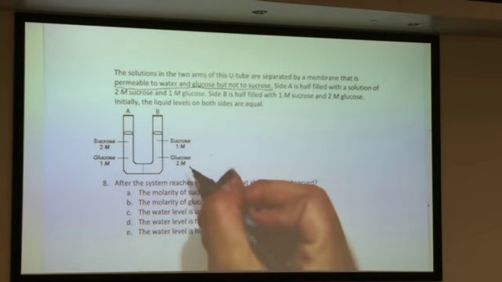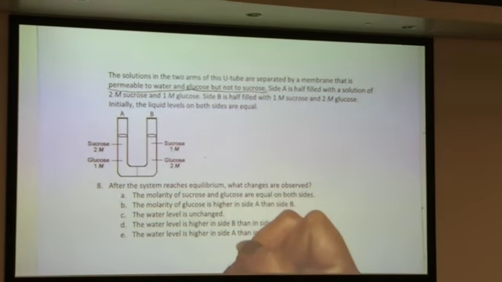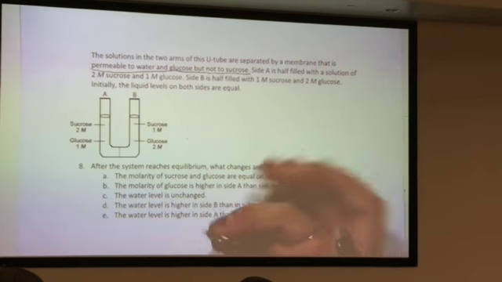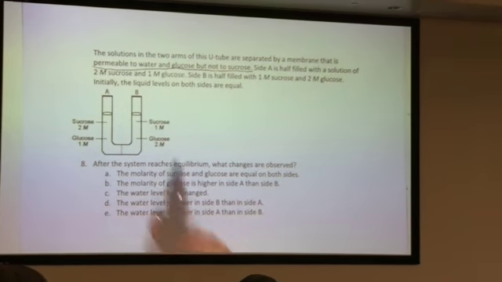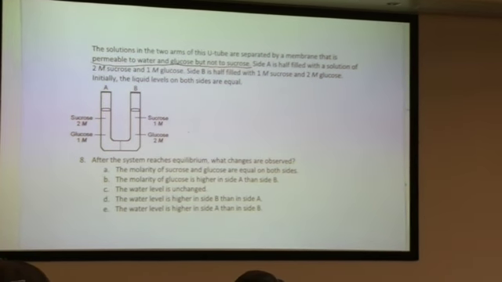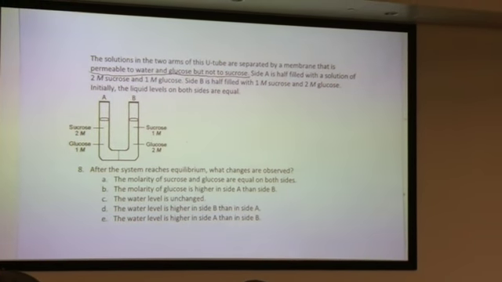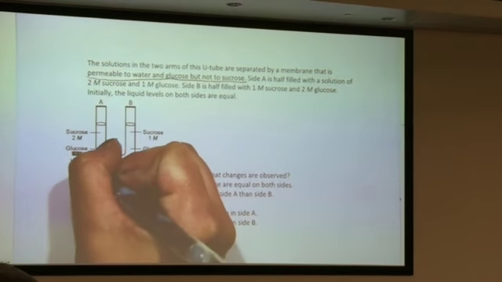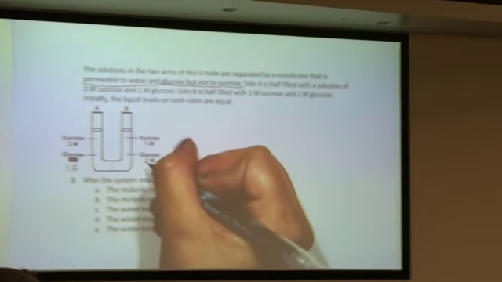At what point does it stop moving to the left? When it reaches equilibrium, right? So if we take the average of these to figure out what it would be to have them equal on each side, what's our magic number? 1.5. So glucose is going to the left, sucrose is staying, and it's going to be 1.5. Good job.